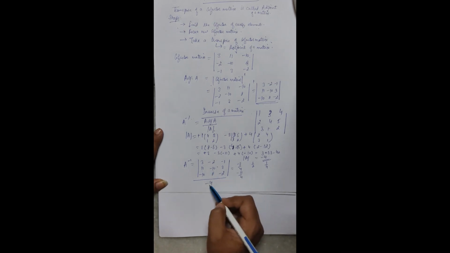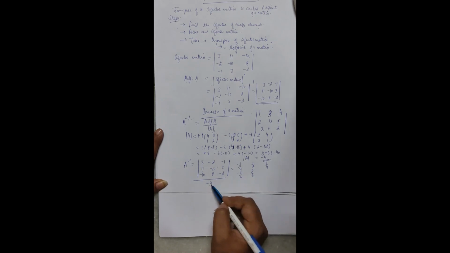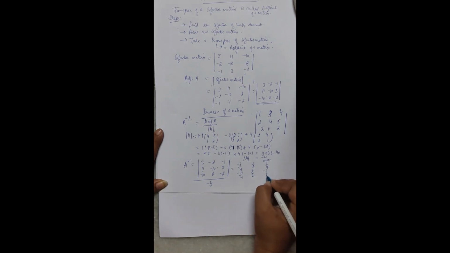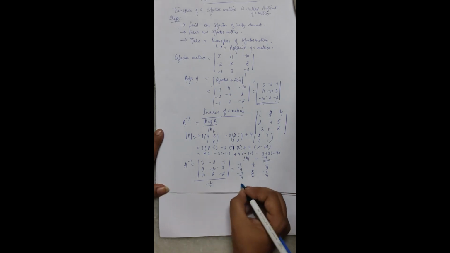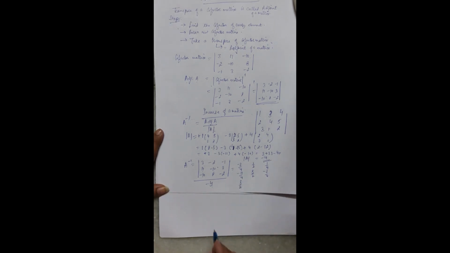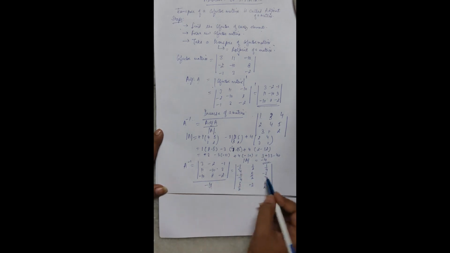Minus 10 divided by minus 4, it comes to 5 by 2. 3 divided by minus 4, it's minus 3 by 4, or minus 10 divided by 4, again it comes to 5 by 2. 8 divided by minus 4, it comes to minus 2, and minus 2 divided by minus 4, it comes to 1 by 2. So this is my inverse of A.